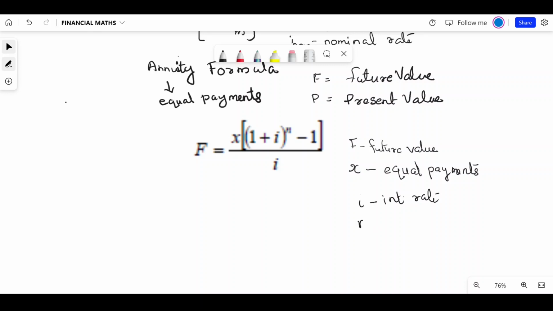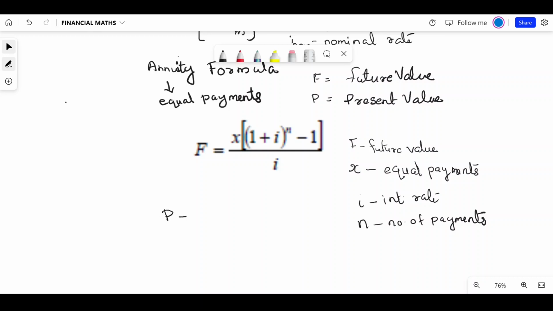And n represents the number of payments. It's not the number of years anymore. n represents the number of payments. Now let me also write the present value formula here.